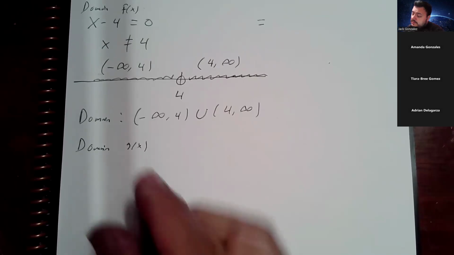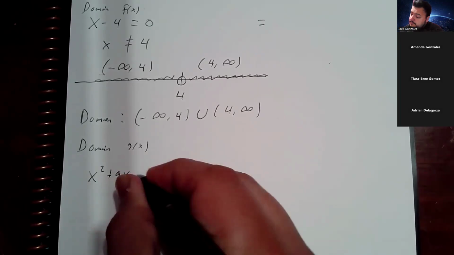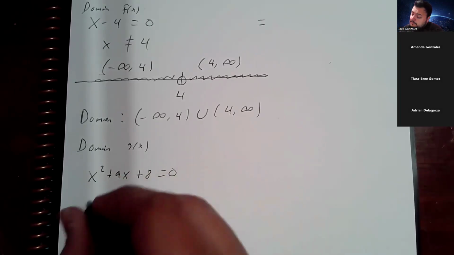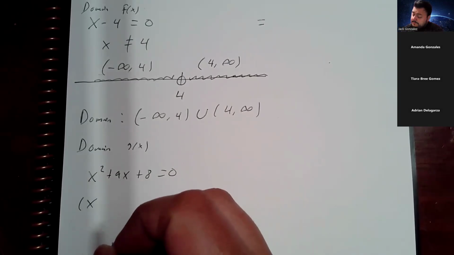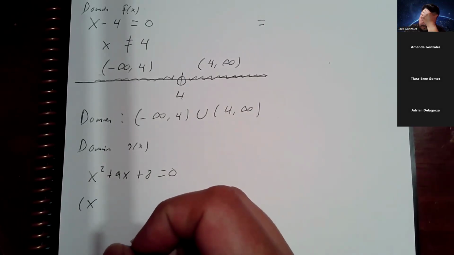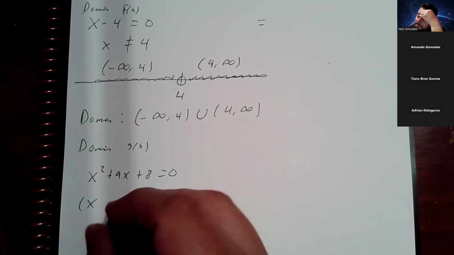For g, set the denominator equal to 0. Again, factor this, that would be what? Double factor? Oh, yeah.